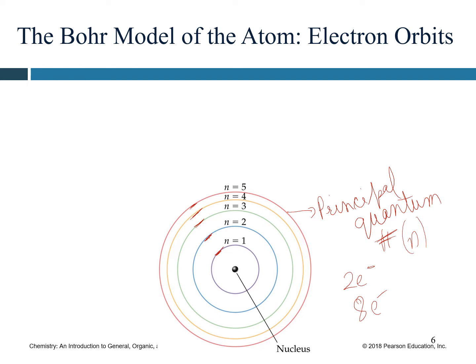So you always start filling electrons from closer to the nucleus, and then you go further away. Shell number 1 consists of 2 electrons, and all the following orbits will hold a maximum of 8 electrons. So you start filling up shell number 1, then if you have more electrons, we move to number 2, and if you have more, you move to number 3.